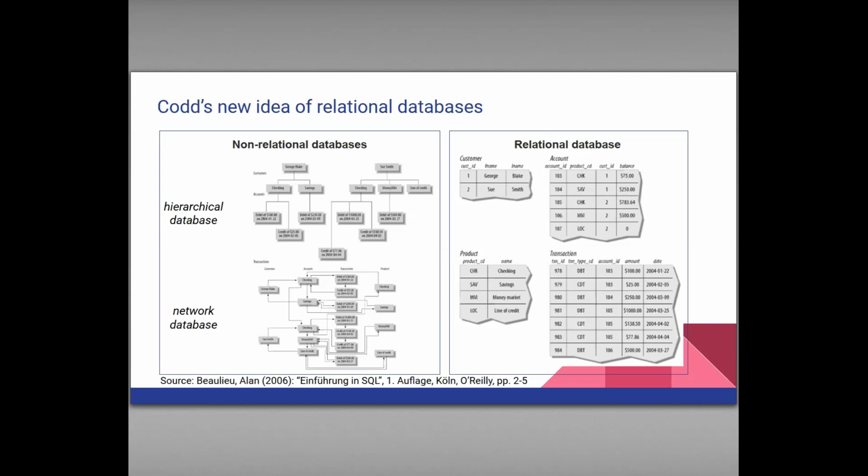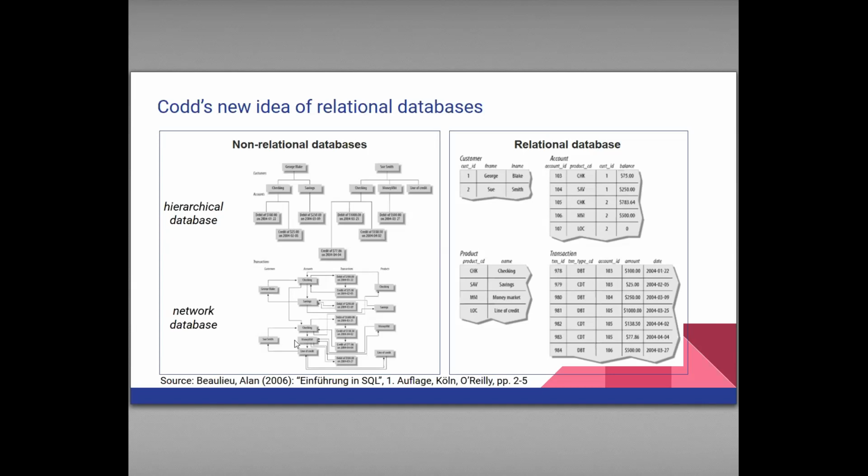In his paper, Codd proposed a quite new idea: modeling data with relations, also called tables. This allowed for more flexibility, and you could add new relations, new tables, without modifying existing tables. This was how working with a database became much easier. On the right, you can see different tables: one table for customers, accounts, product, and transaction.